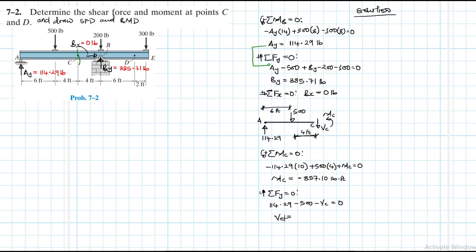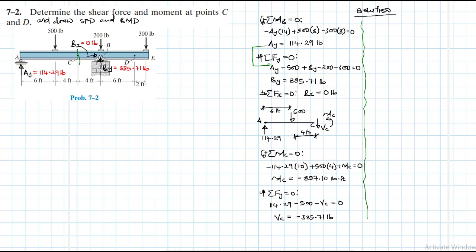Therefore, our VC is just going to be equal to 114.29 minus 500. This gives us a minus 385.71 pounds. Great. So we are done with the first part.